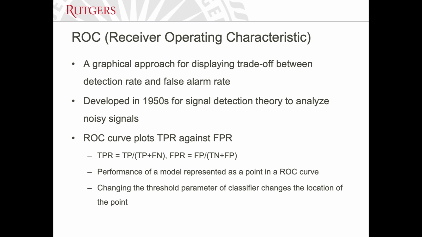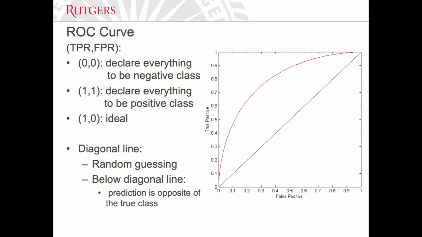In a ROC curve, the true positive rate is plotted along the y-axis, and the false positive rate is plotted on the x-axis. Each point along the curve corresponds to one of the models induced by the classifier. A good classification model should be located as close as possible to the upper left corner of this diagram.